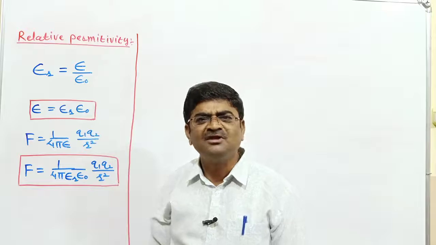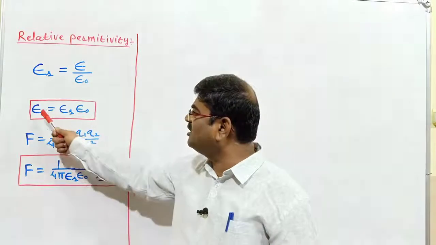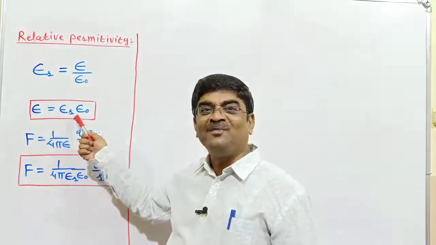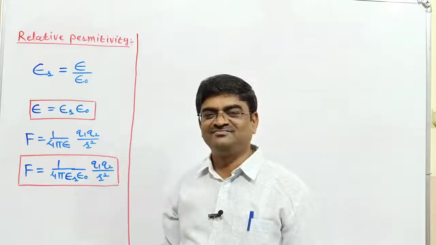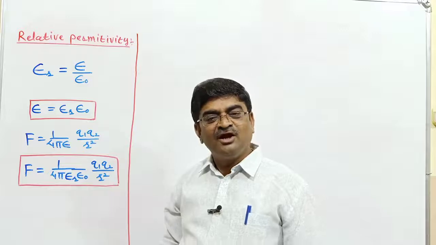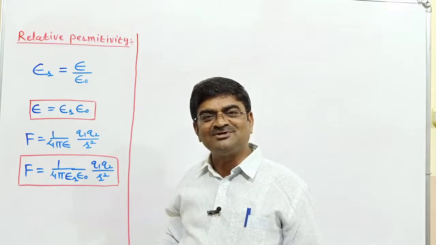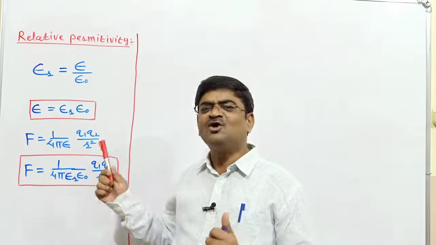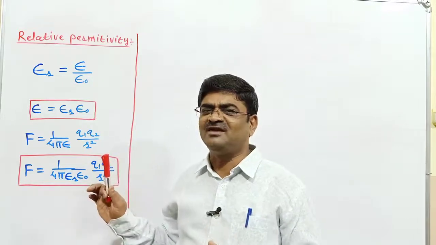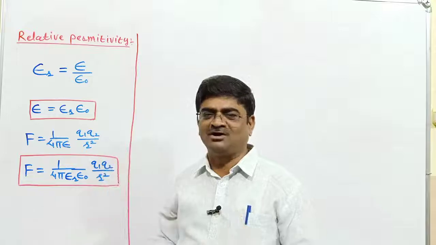What does it mean? The given media has permittivity 4 times that of the vacuum. That is, its ability to allow the interaction of the charges is 4 times that of the vacuum. That's how the term relative permittivity does its work.